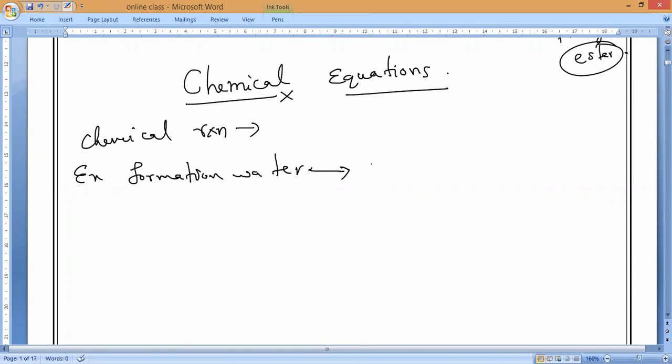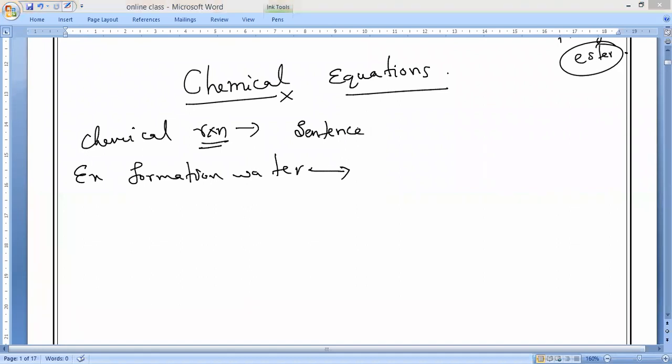Reaction means I have to say it in the form of a sentence, not in the form of a chemical equation. You understand? Sir, when hydrogen is burnt in oxygen, it forms water. This is represented in the form of a sentence.